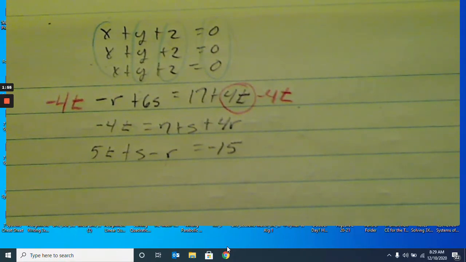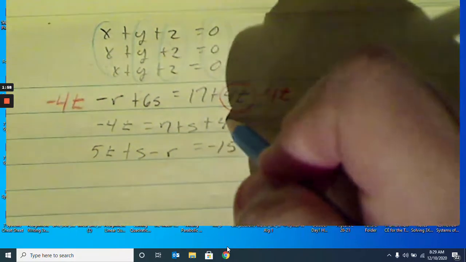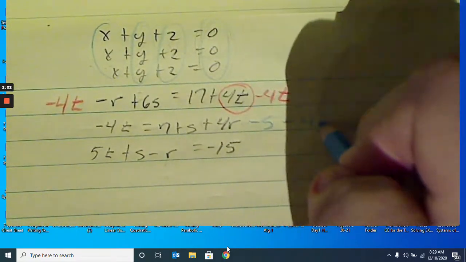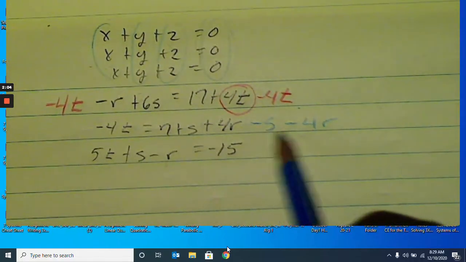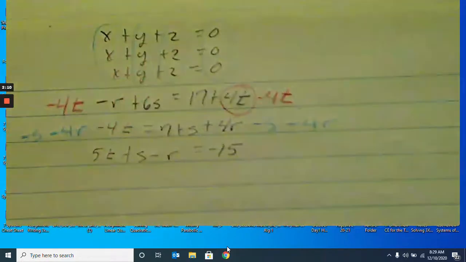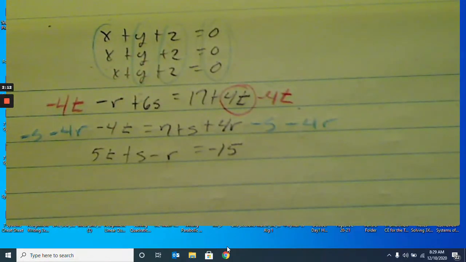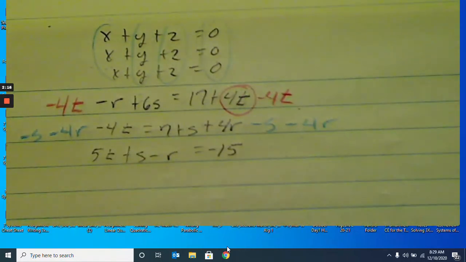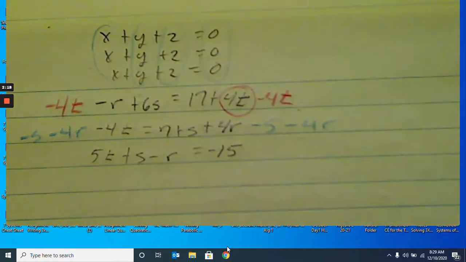That also means, if I look at this r and this s, I'm going to subtract the s, and I'm going to subtract the 4r to this side. And then the last one, well, t, r, s, r is already written in that form, so I'm okay with this one being written in the standard form.